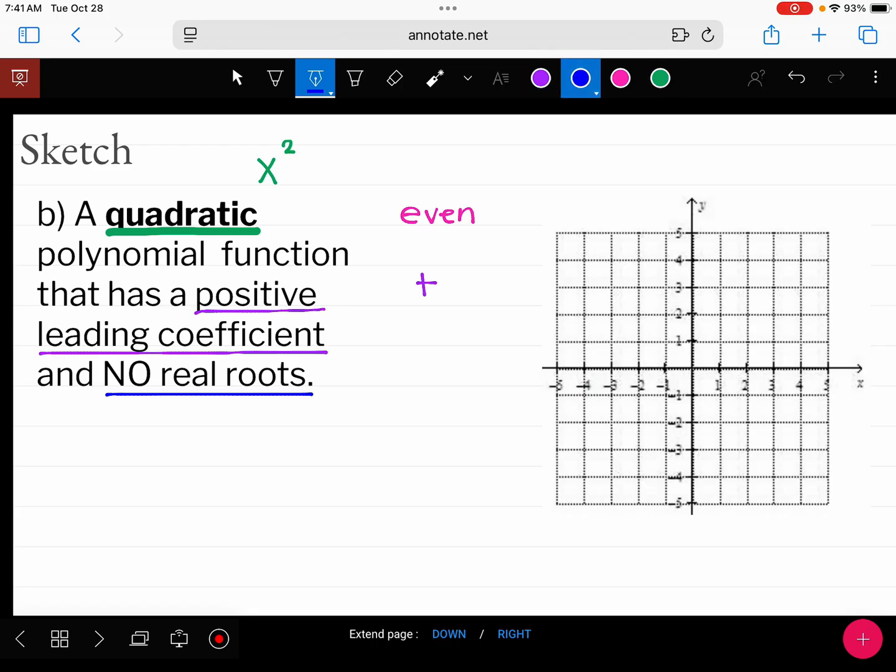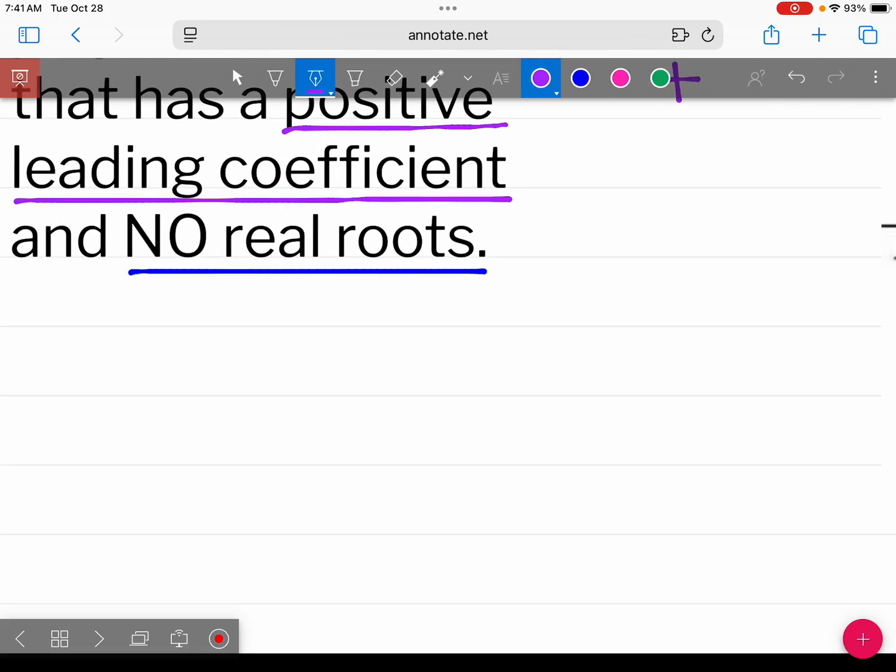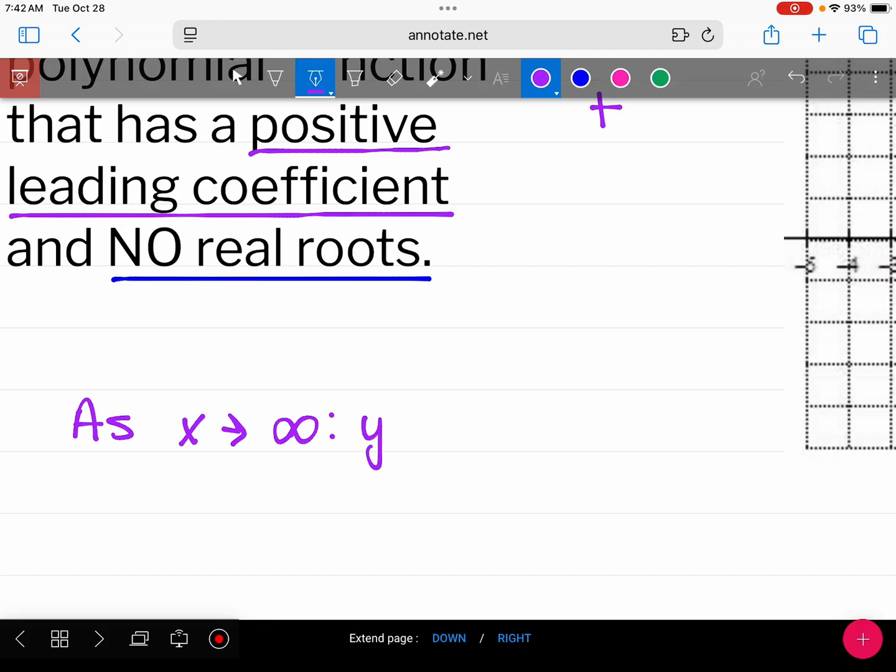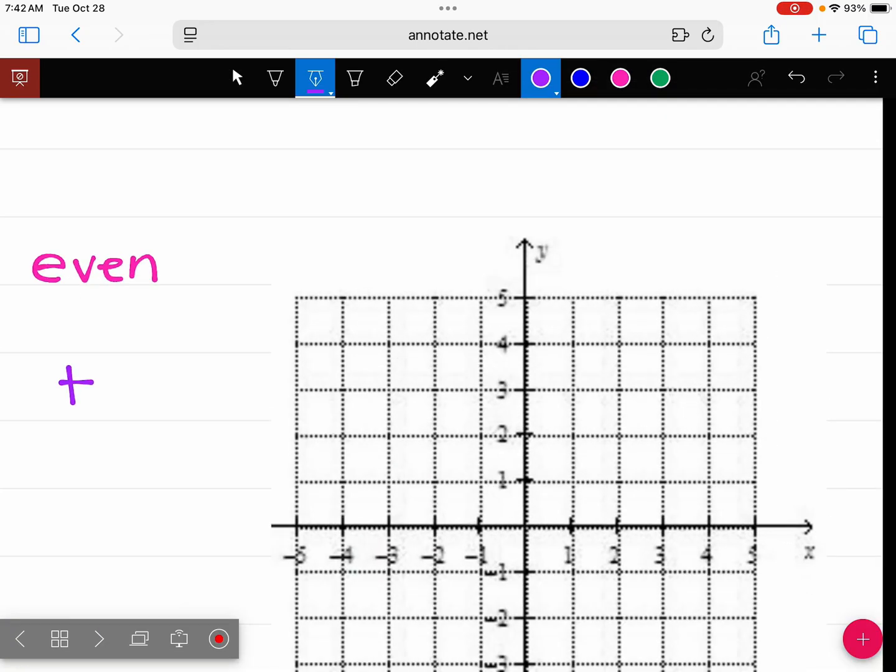I could say, as x approaches infinity, my right arrow is going to point which way? Up. My y approaches positive infinity because we have that positive leading coefficient. So my right arrow is going to point up.